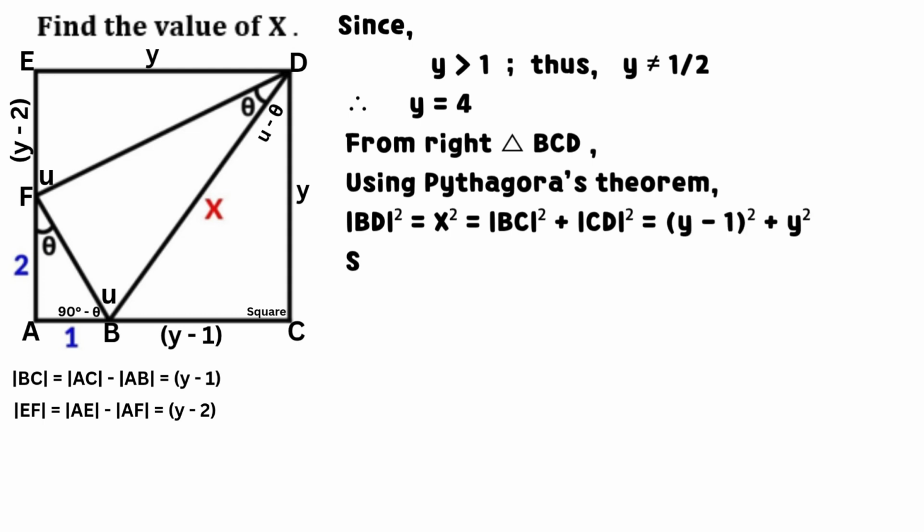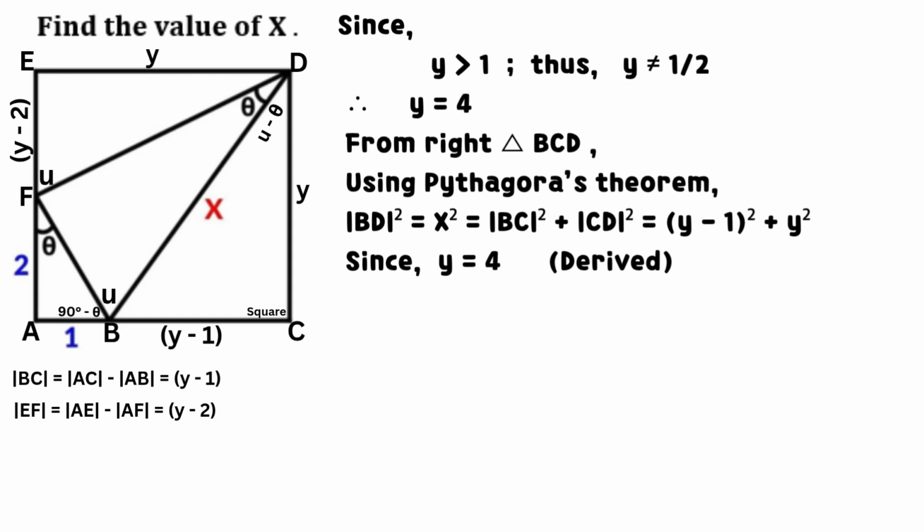Using Pythagoras' theorem, the square of length BD, which is the square of x, equals the sum of the square of length BC and the square of length CD. The result is equal to the sum of the square of (y minus 1) and the square of y.